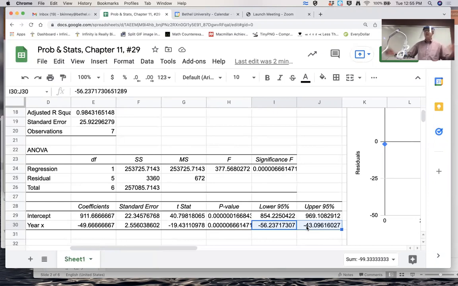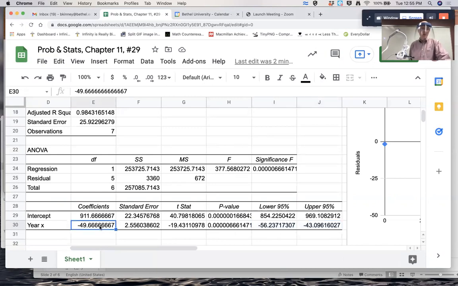So what parameter might we be estimating there? Big hint, I just said the word in the last sentence I said, or maybe the previous sentence. Slope. But wait a minute. Isn't this the slope?